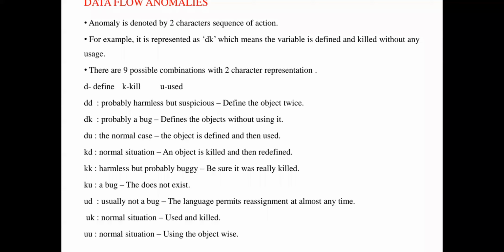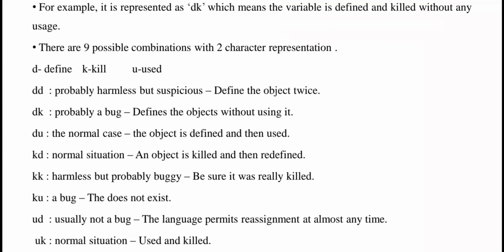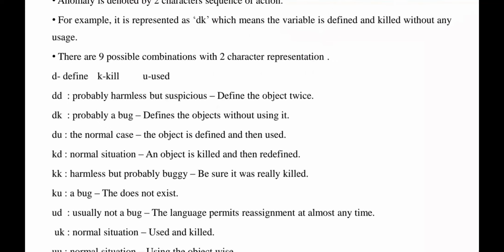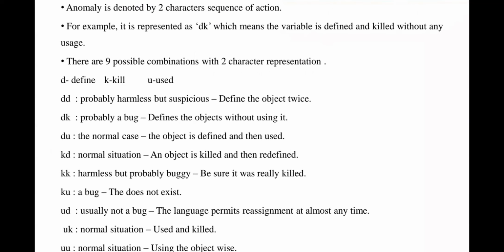Next, how many anomalies are there in a particular data flow? There are 9 possible combinations with two character representation. Here, in two characters, we will use D, K, U. D is used for define, K is used for kill, U is used for usage.